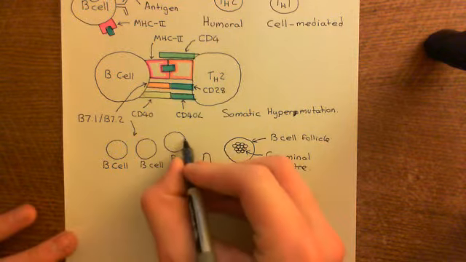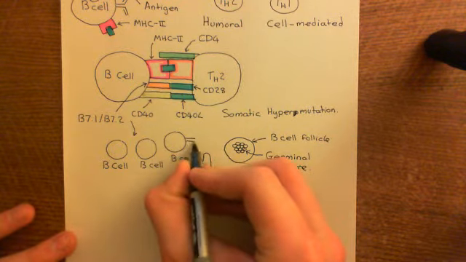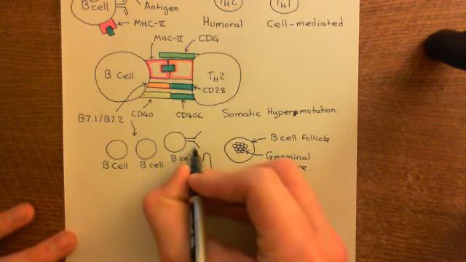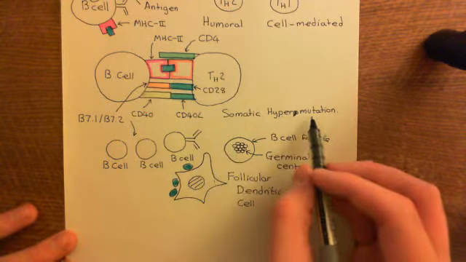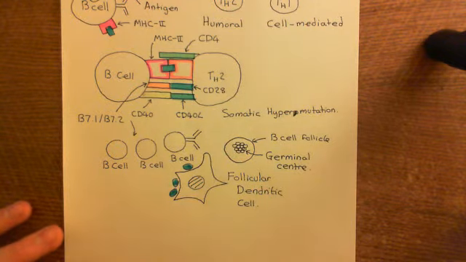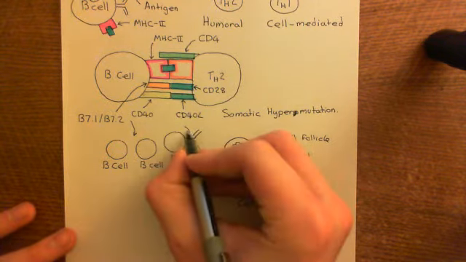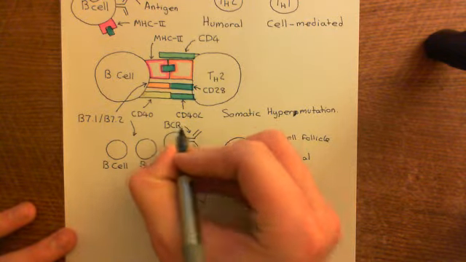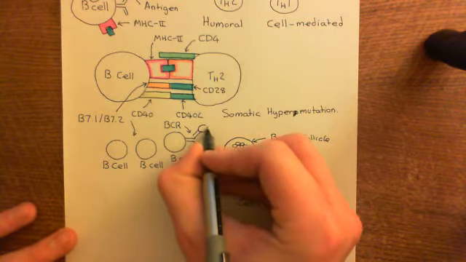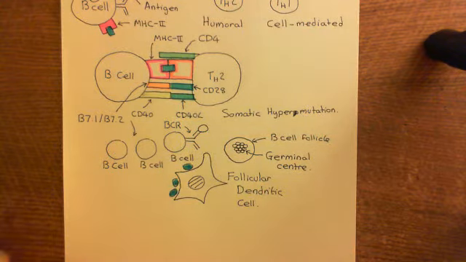So some of the B cells in this population within the germinal center will have undergone mutations in this process of somatic hypermutation that meant that their B cell receptors, shown here, so this is a BCR for short, actually have a higher affinity for the antigen now, and they will take up loads of this antigen.